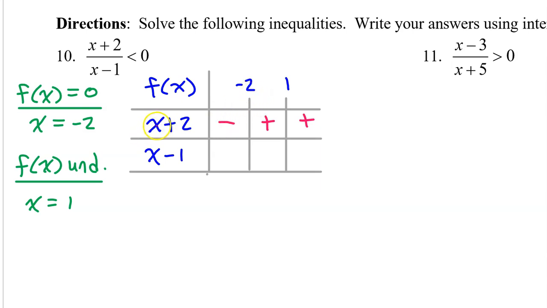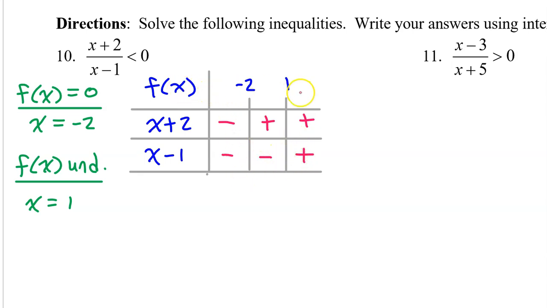If I plug in negative 3, that would be negative 3 plus 2, that's negative 1. That tells me that we're negative over here. A value to the right of negative 2 would be 0, for example. If I plug in 0, I get positive 2. So, negative on the left, positive on the right. Similarly, the factor of x minus 1 gives us a 0 of positive 1. This factor is negative on the left and positive on the right.